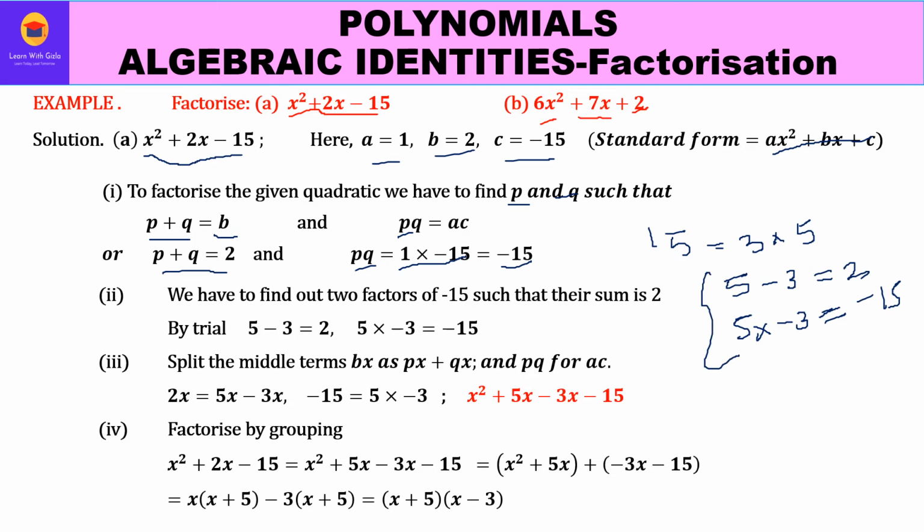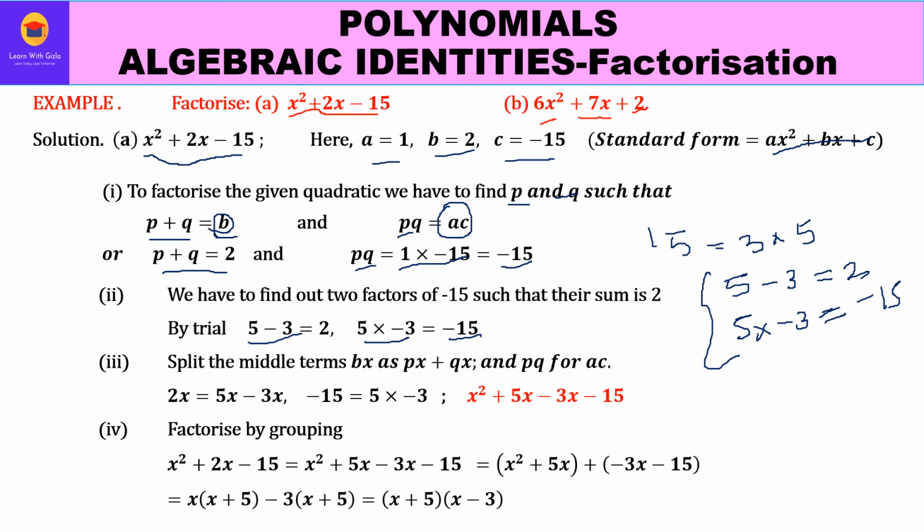In this way, by trial and error, you have to find two numbers p and q whose sum is b, that is 2, and whose product is ac, that is −15. Clearly those two numbers are 5 and −3. See, 5 − 3 is 2, and 5 into −3 is −15.